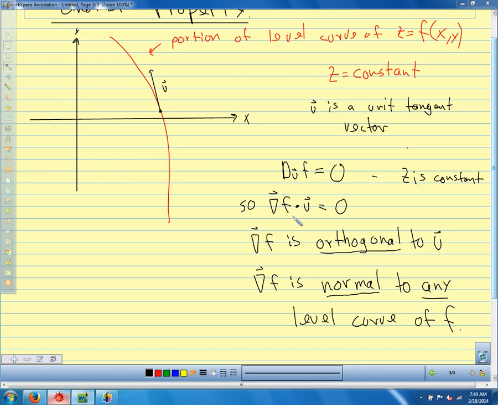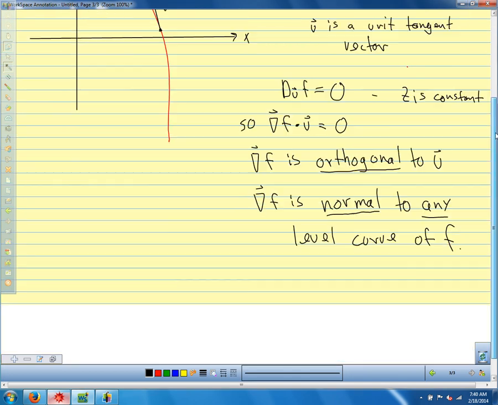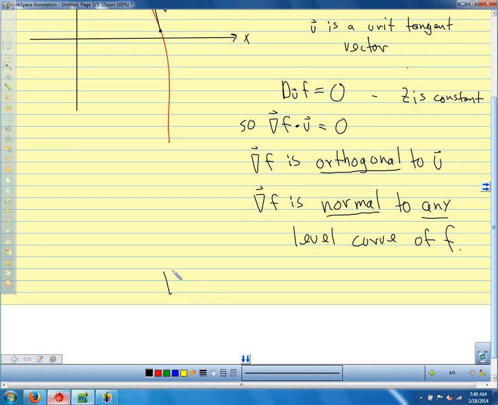We can calculate del F, and what was our quick shortcut for finding a normal vector to a vector in the plane? So we said del F points in the direction of maximum increase. It's perpendicular, or sort of normal to the level curve.